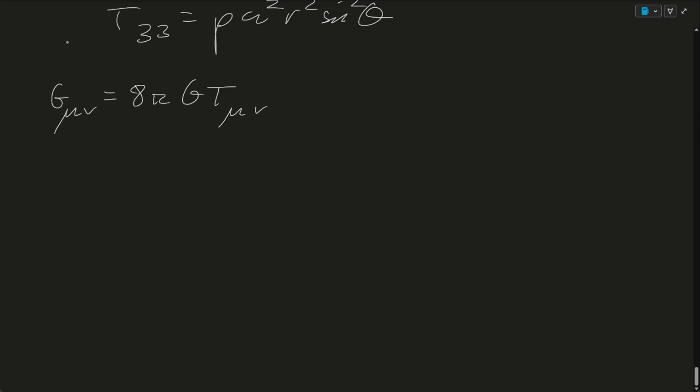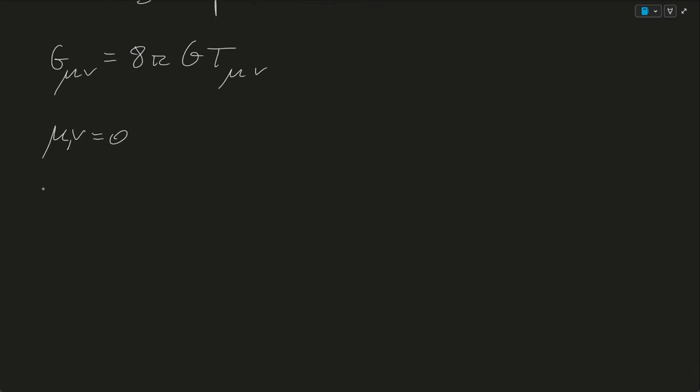But let's find the first equation, which is mu nu equals 0, the 0, 0 component. So then we have G00 is equal to 8 pi G T00.